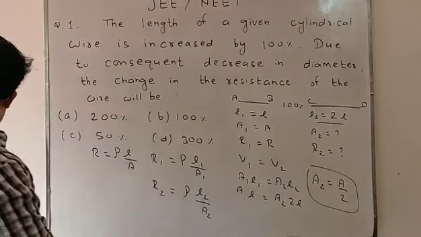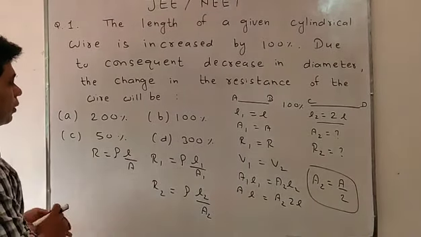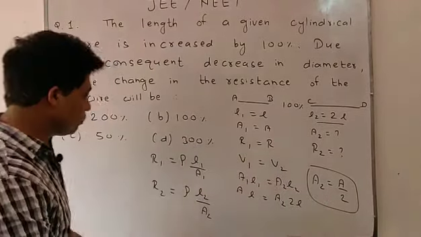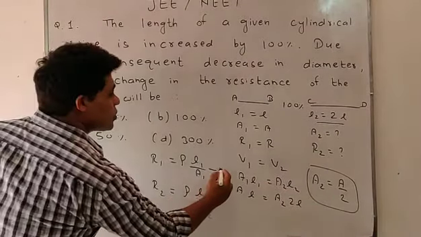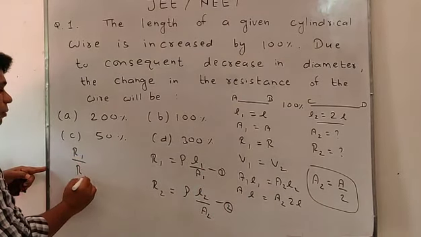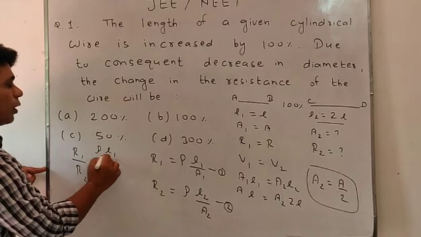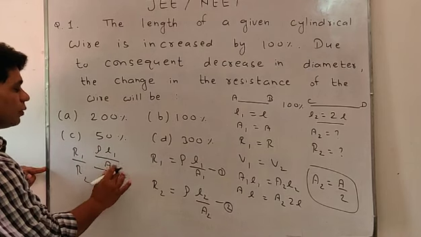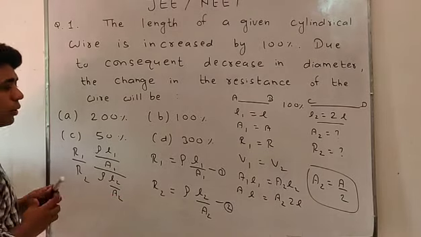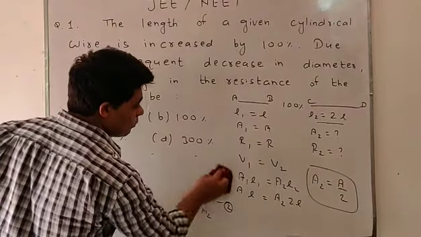Okay students, now just remember A2 is A by 2. Suppose this is the first equation, this is the second. Now divide first by second: R1 by R2 equals rho L1 by A1 upon rho L2 by A2.